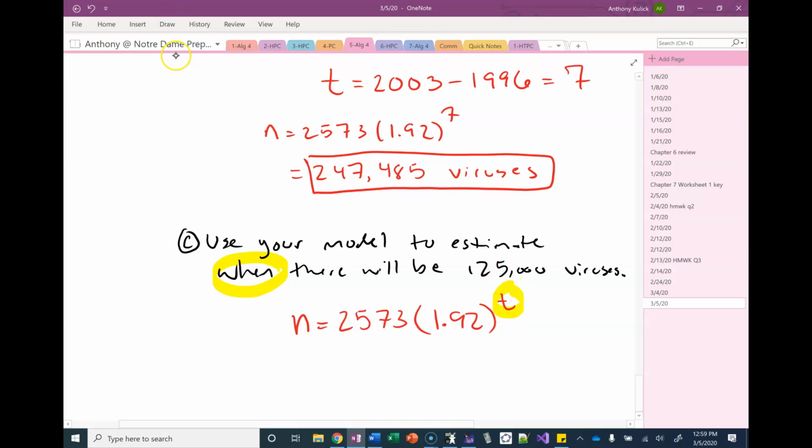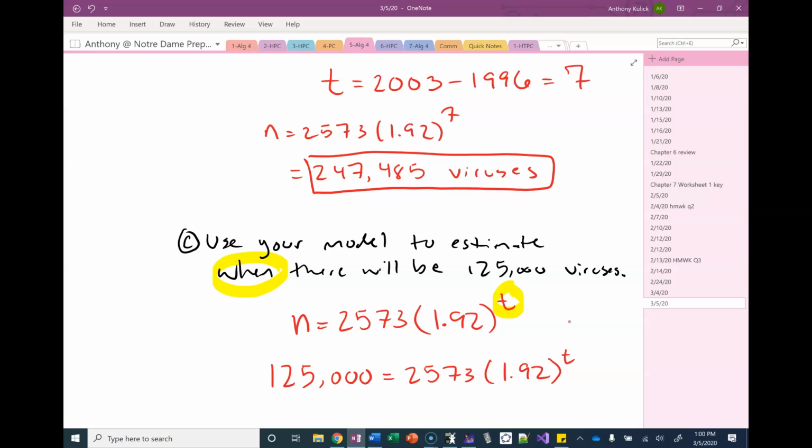In order to solve for T, we have to have a value for N. What is our value for N here? 125,000. Are we okay so far?